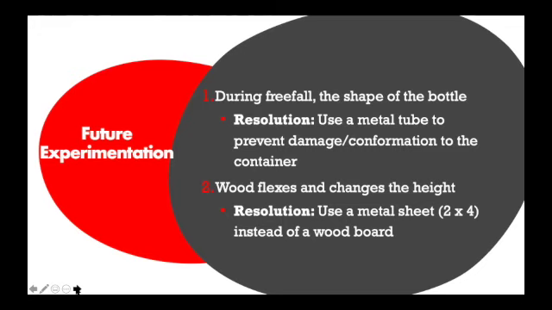I had proposed maybe using a metal tube that had an opening where we could slide in the object and just have it drop that way, where you want to limit as much of the uncertainty and variables that enter into your system. So changing the rig would have helped. Not using wood for the platform, maybe using a metal sheet or a metal 2x4, would help. So that's how we'd change future experiments.